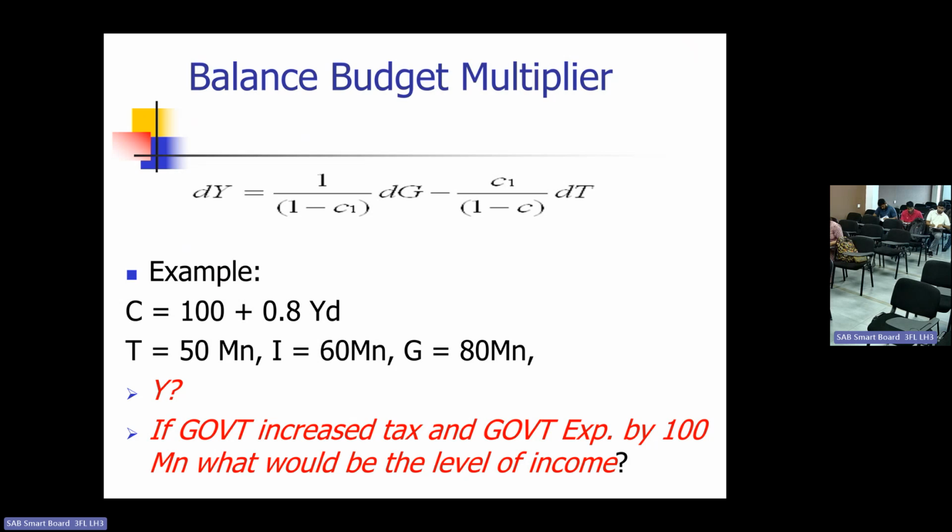The consumption function you can substitute, 100 plus 0.8 YD. Now you have to think about YD, how we derive it: YD equals Y minus T. We have the lump sum tax. How much is the national income?